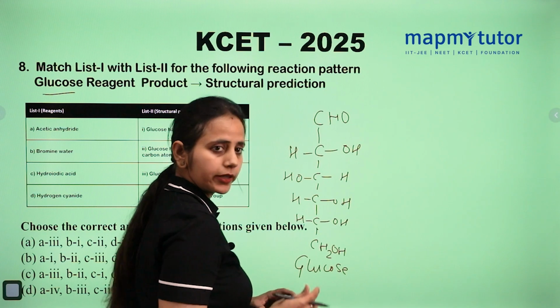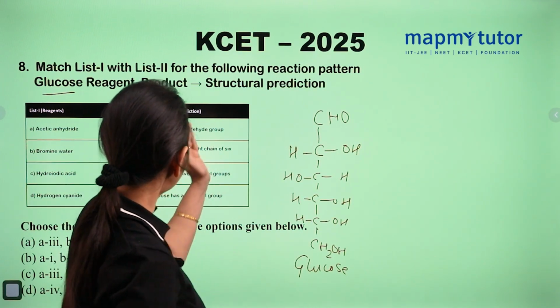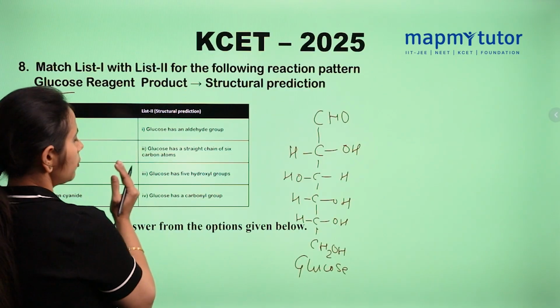Now we will see one by one how these reagents react with glucose, what the product will be, and how we can predict the structure of glucose with the help of these reagents.